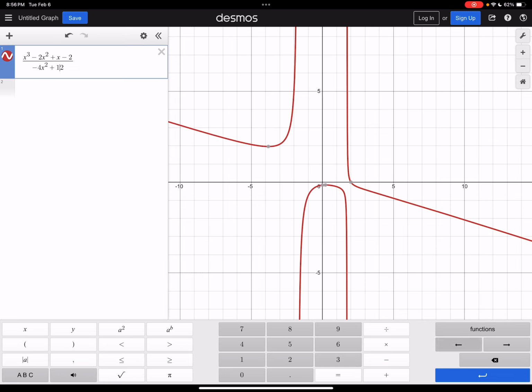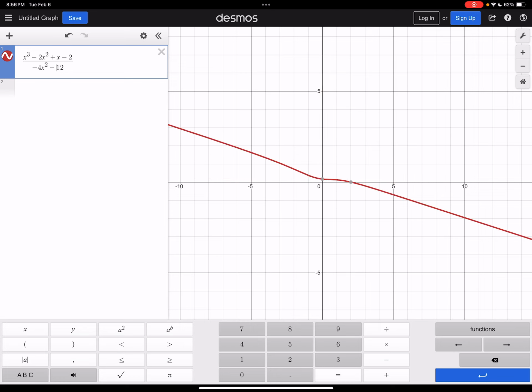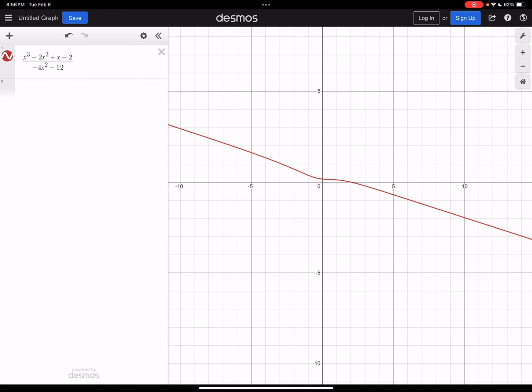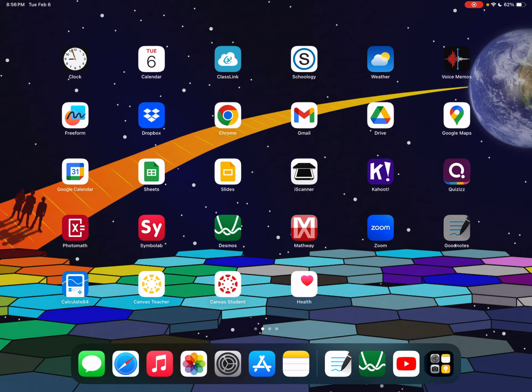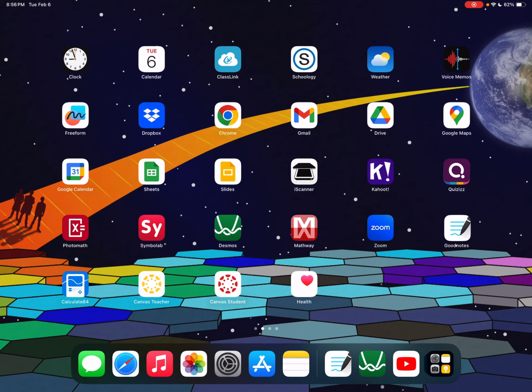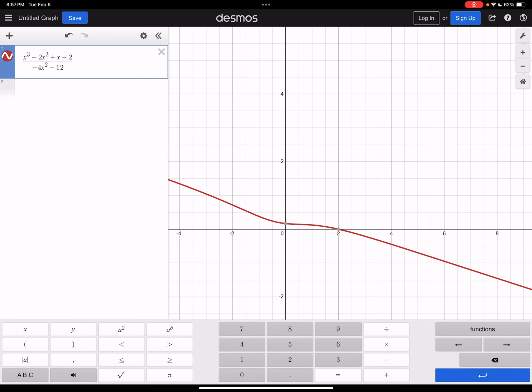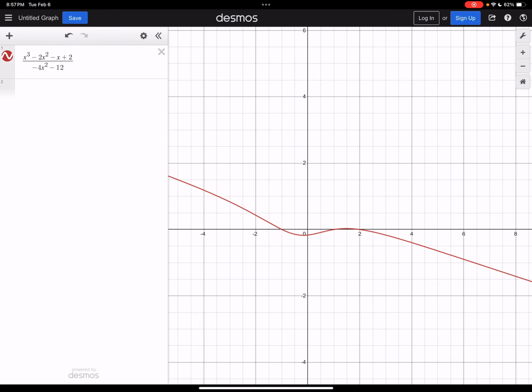Was it minus 12? Yeah, it was minus 12. There it is. Look at that nice little curve. Something's wrong, though. Yeah, it was minus x plus 2. There it goes. Yeah, that's our curve.